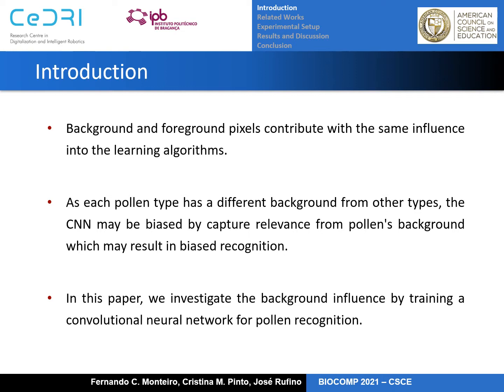In those approaches, background and foreground pixels contribute with the same influence to the learning algorithms. However, as each pollen type has a different background from the other types, we want to verify if the CNN may be biased by capturing relevance from the background.